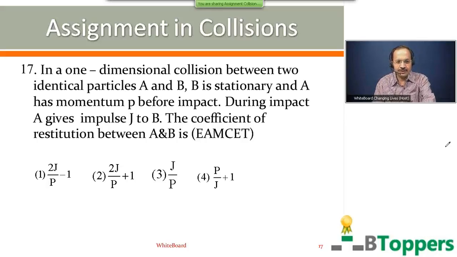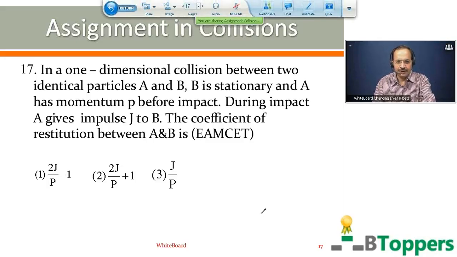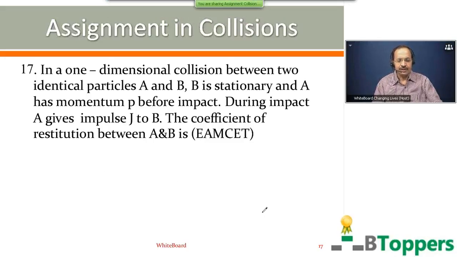I am going to discuss the solution for this question: in a one-dimensional collision between two identical particles A and B, B is stationary and A has momentum P before impact. During impact, A gives impulse J to B. The coefficient of restitution between A and B is e.